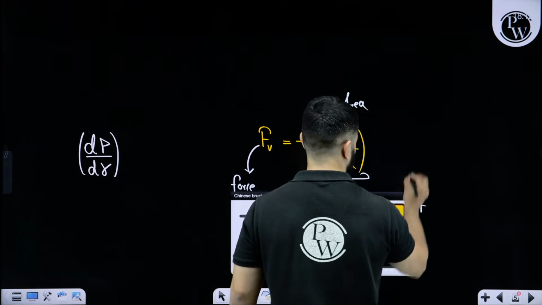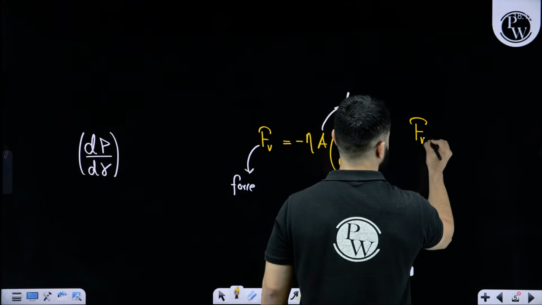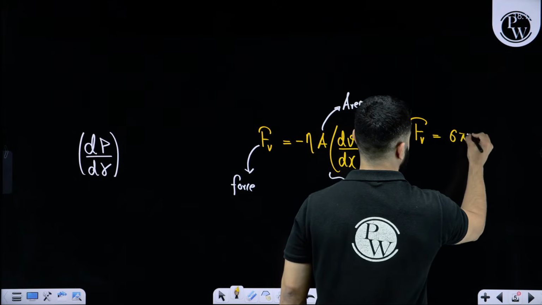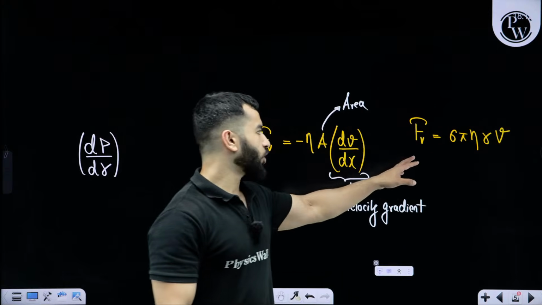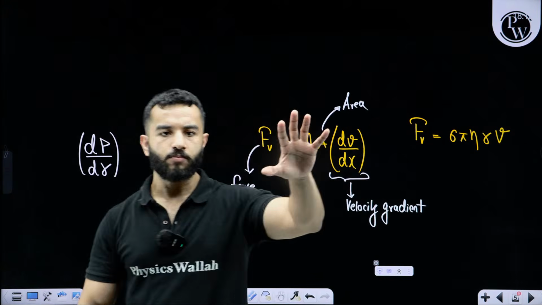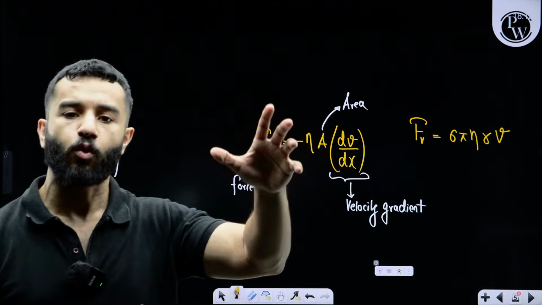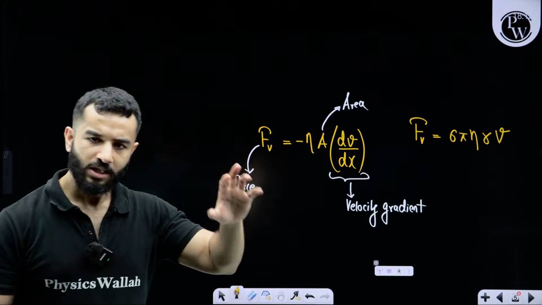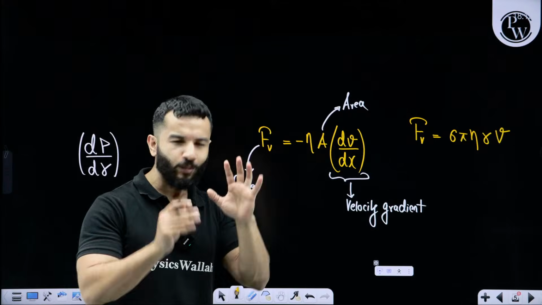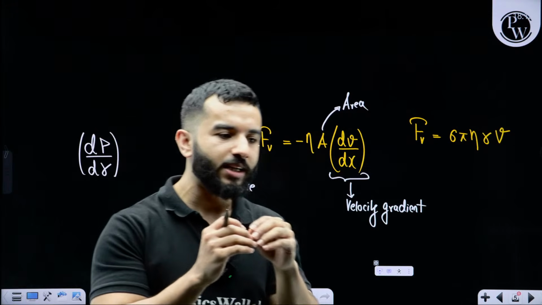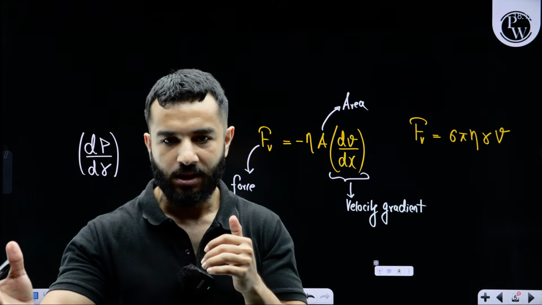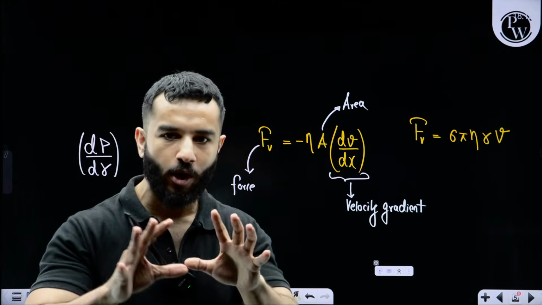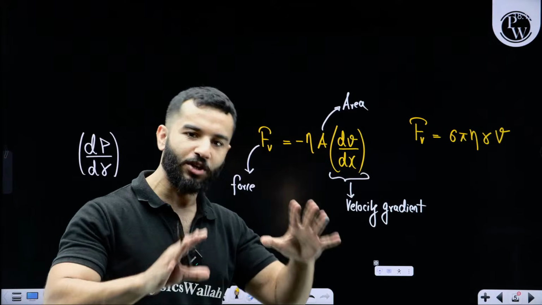Or you can use another formula, that is 6 pi eta R V. My dear friends, this formula is only applicable for spherical bodies. But the point is, the formula is accurate. No matter whether it is true only for spherical bodies and not for any other bodies, that's not the point. The point is this formula is dimensionally correct.